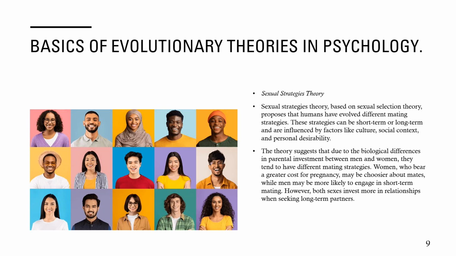The theory suggests that due to the biological differences in parental investment between men and women, they tend to have different mating strategies. For example, a woman who bears a greater cost for pregnancy may be choosier about mates, while men may be more likely to engage in short-term mating. However, both sexes invest more in a relationship when seeking long-term partners.